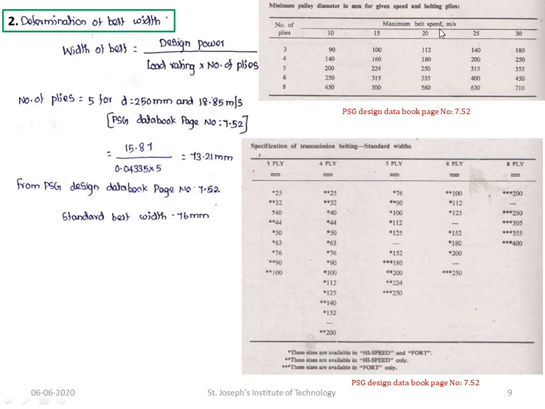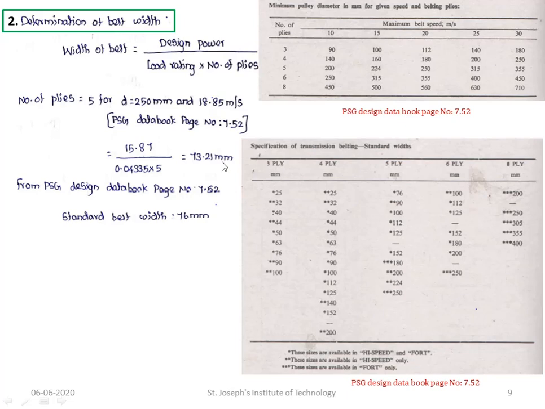Here my belt speed is approximately 20 meter per second and minimum pulley diameter is 250 millimeter. So for 20 and 250, the number of plies required is 5. If I substitute all the values in this formula, I get 73.21 millimeter.